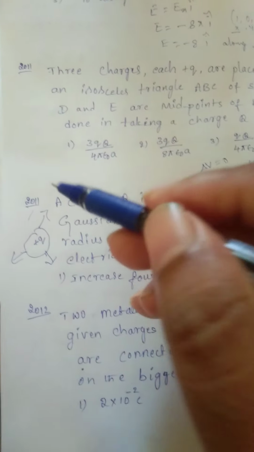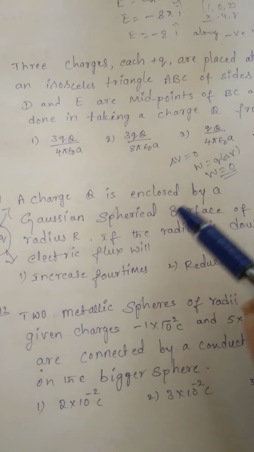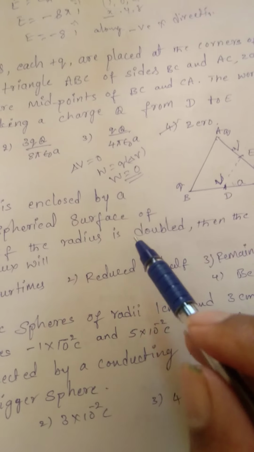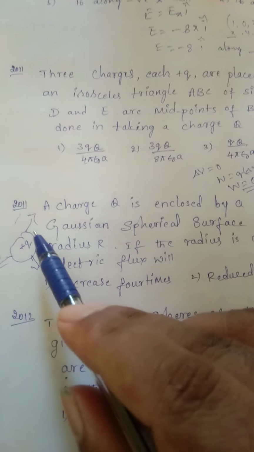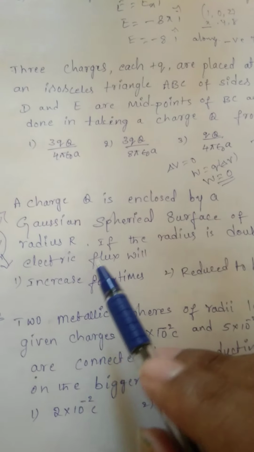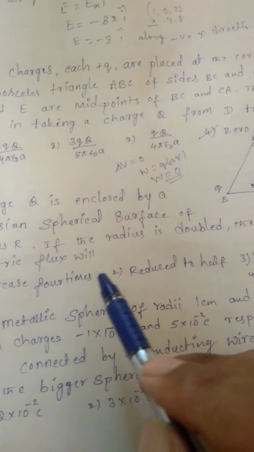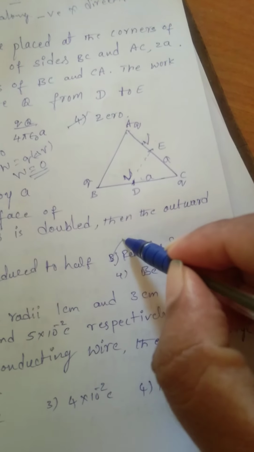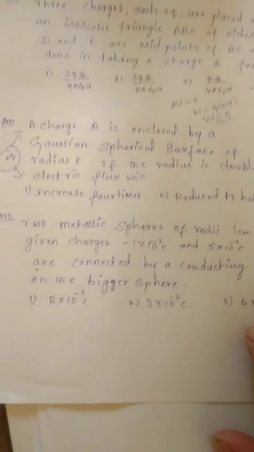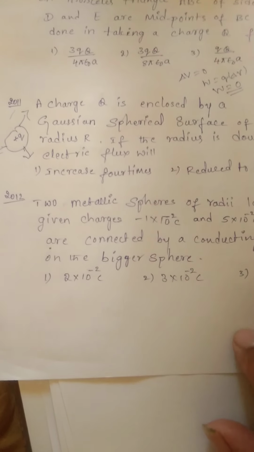It doesn't depend upon any dimension. Therefore, even if you increase the radius or other dimensions, the flux over any closed surface never changes. Therefore, the right option is: remains the same.